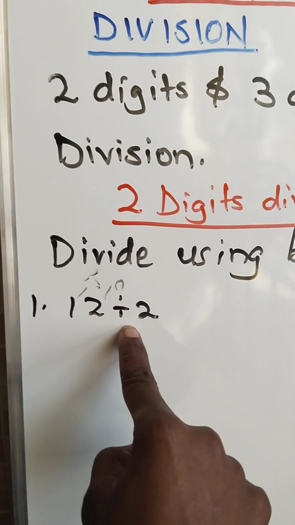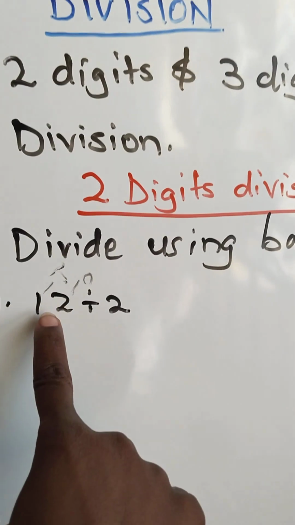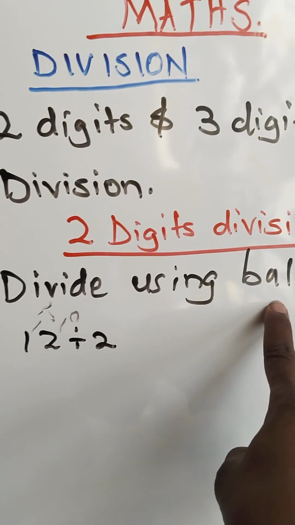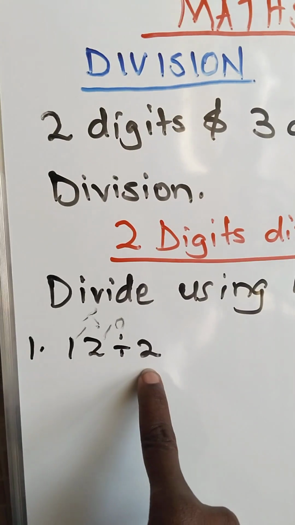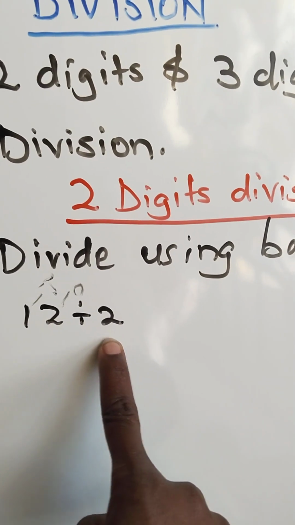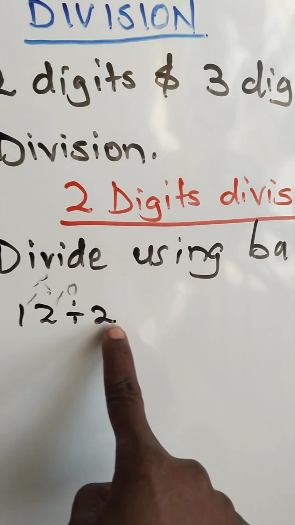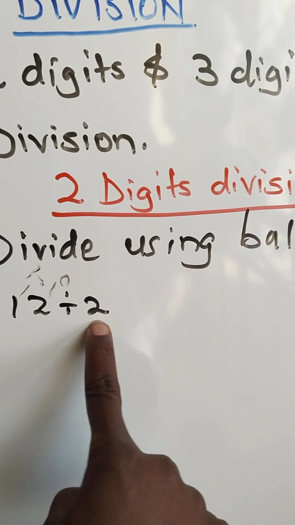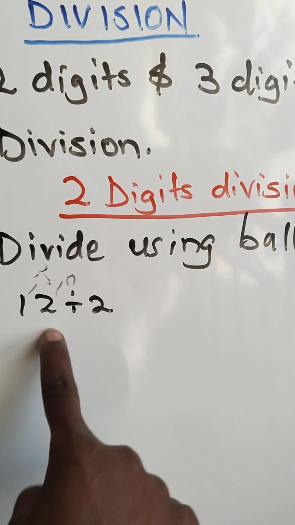So what we do when we see a 2 digits number is we always use the balls. You get the number which is here. Those are the number of balls that you'll always be using. In this case we have a 2 digits number, and the balls are how many? 2. So if we have 12 balls and we divide them by 2, what do we get?